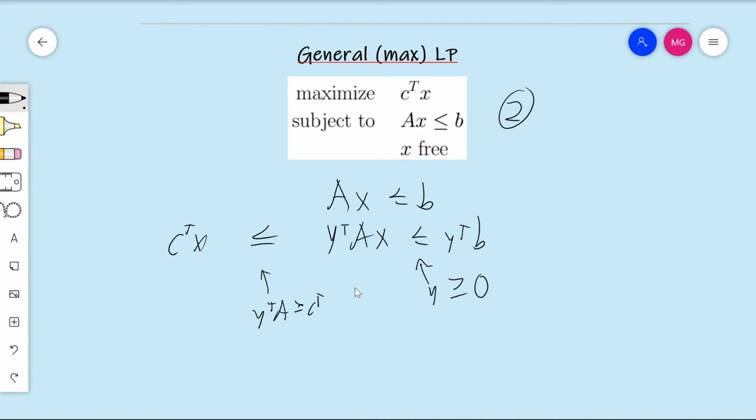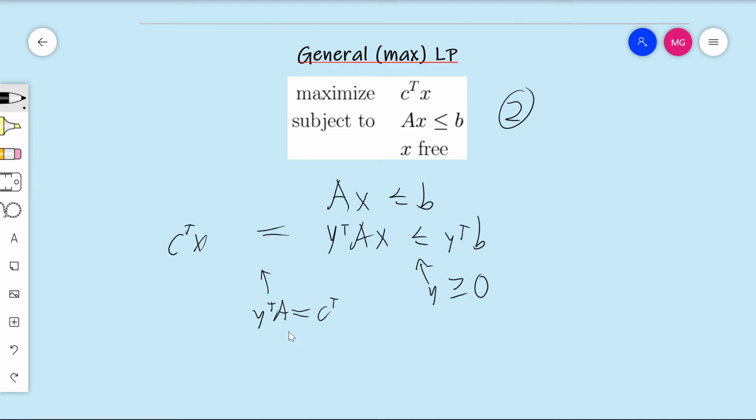So we actually need to enforce an even stronger constraint. There's no way to fix this inequality. So what we need to do instead is, instead of having this be a less than or equal to, we need it to be an equals to constraint. And correspondingly, the thing that we need to enforce is not that y transpose A is greater than or equal to c transpose. We need to enforce that y transpose A equals c transpose.